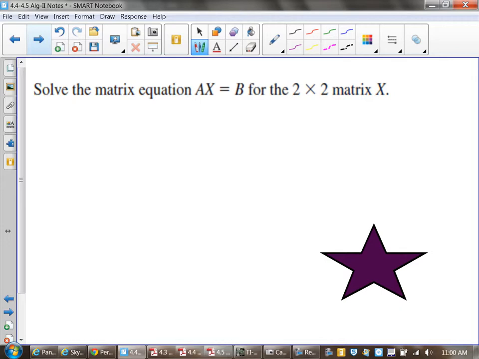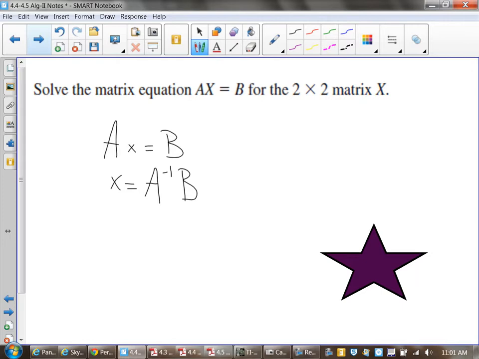Remember how we've had matrix equations, we'd use capital letters, matrix A times x equals matrix B? If I had matrix A times something equals matrix B, to undo multiplying by matrix A, you have to multiply by its inverse. So that means the answer, x, is always going to be the inverse of matrix A times matrix B. Remember the commutative property of multiplication doesn't hold for matrices.